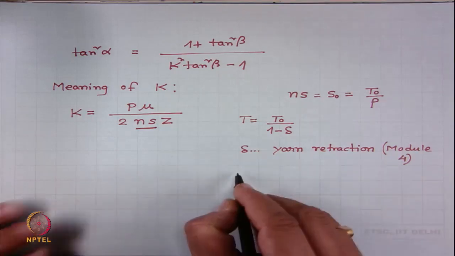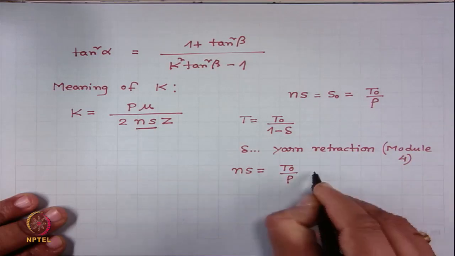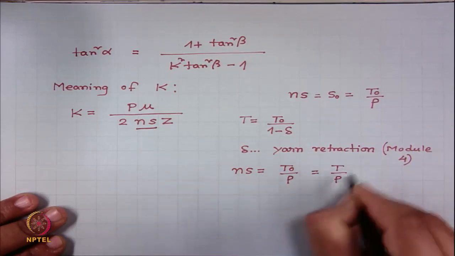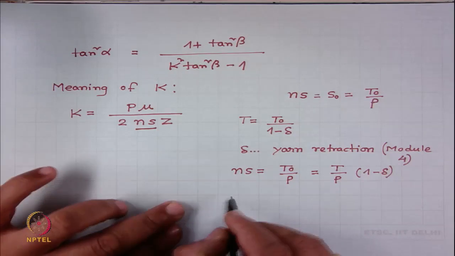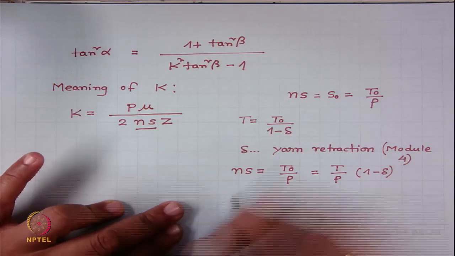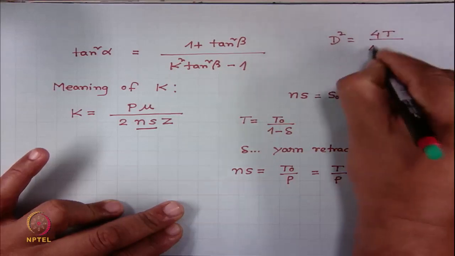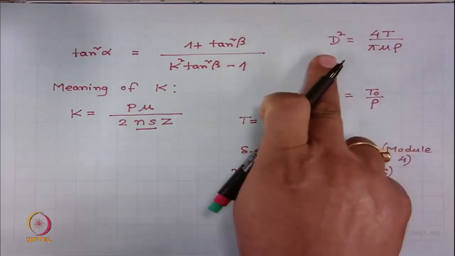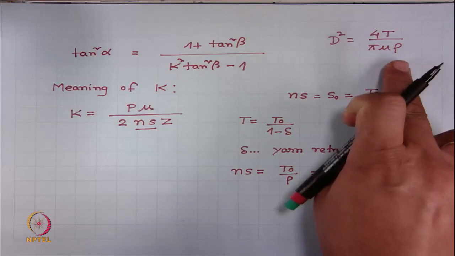So, this NS, T naught by rho, is equal to T by rho into 1 minus retraction, where capital T is yarn fineness. We know the basic relation between diameter and fineness of yarn, that is d square is equal to 4 times capital T by pi mu rho. Here d is yarn diameter, T is yarn fineness, mu is packing density, rho is fiber density.